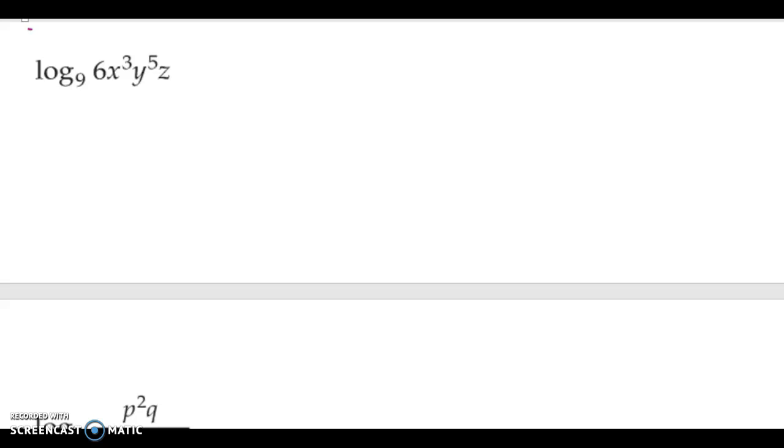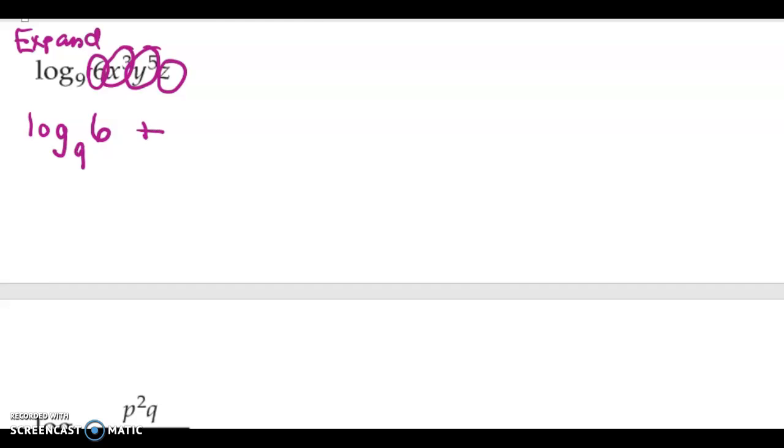The directions on this one would be expand, and I'm going to have to write log base 9. I'm going to tell you how many times I have to write it. I have to write it once for the 6, once for the x cubed, once for the y to the 5th, and once for the z. I'm going to have to write log base 9 4 times. So I have log base 9 of 6. I'm multiplying, so it will be a plus.